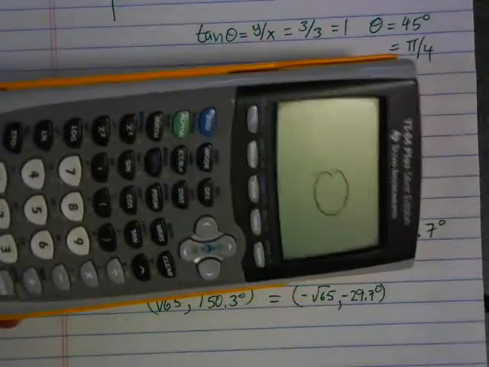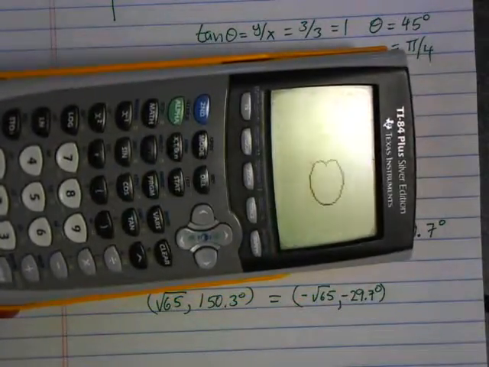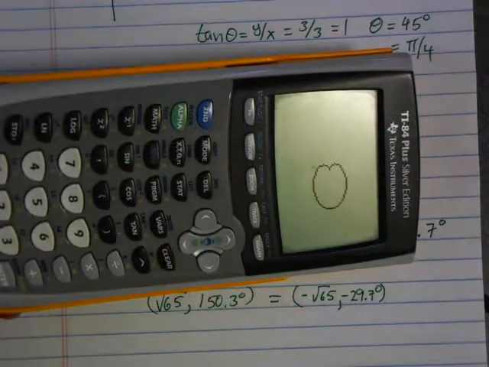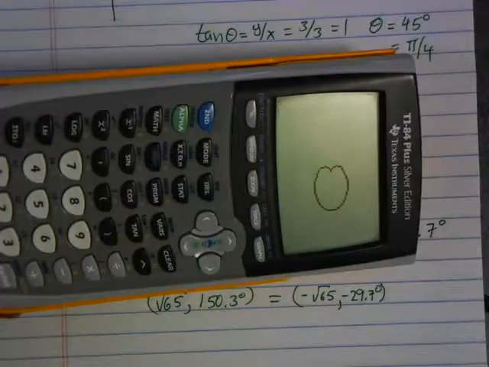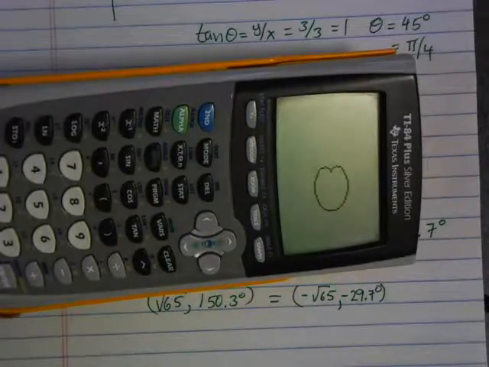Take the axes out. It also kind of looks like a heart. Well, that graph is called a cardioid. Kind of looks like a heart.